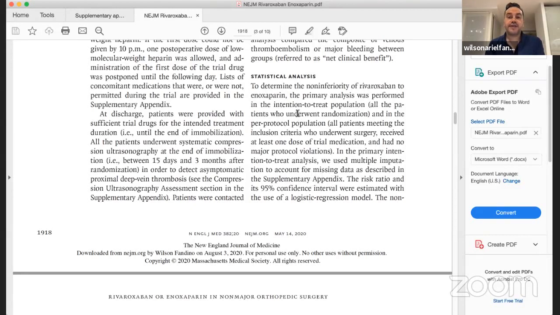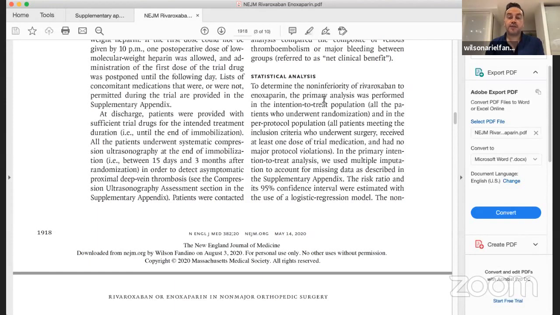To determine the non-inferiority of rivaroxaban to enoxaparin, the primary analysis was performed in the intention to treat population, which means all the patients who underwent randomization, and in the per protocol population. The reason for the per protocol is the non-inferiority design.